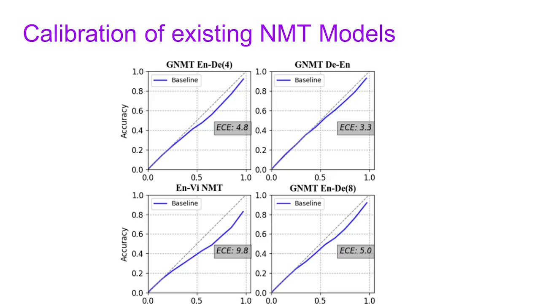To measure calibration, on the x-axis you plot the confidence which the model outputs, and on the y-axis you plot the accuracy of all predictions within a particular confidence band. A calibrated model will lie along the diagonal, whereas an overconfident model will lie below the diagonal.